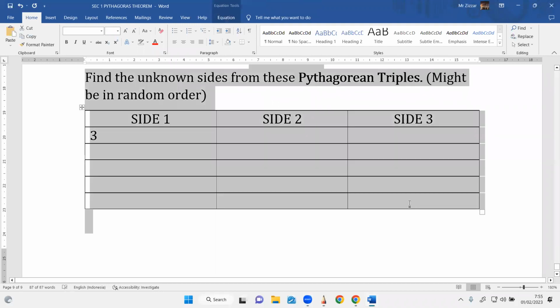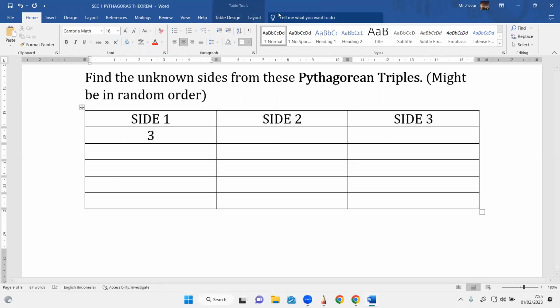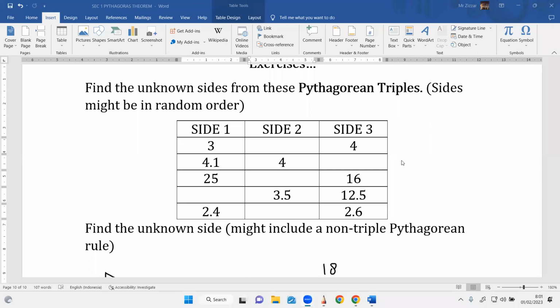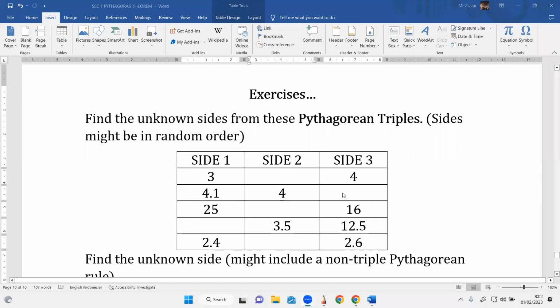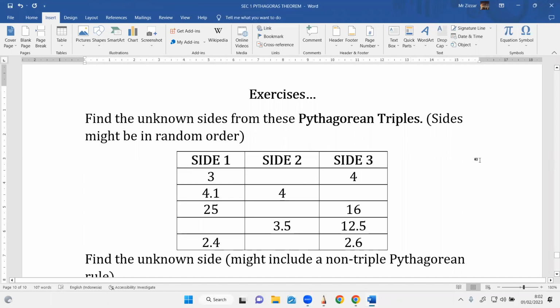Okay, this is the question. I will drag down because it is not enough for one screen. You may pause if you need to copy the questions. I won't discuss this. Try to do it by yourself, because what we already learned is enough for you to do this question.